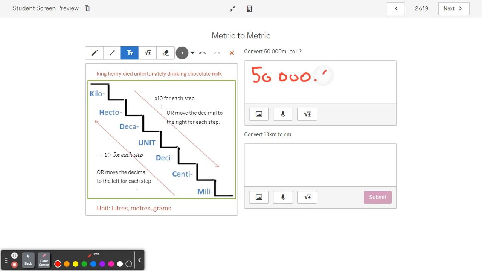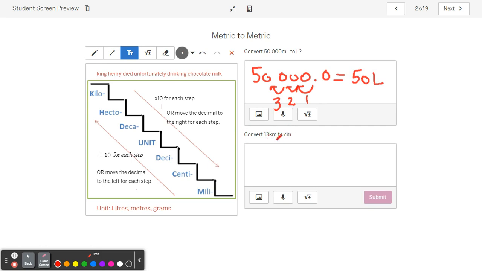I have a decimal afterwards. So milli to liters, I'm taking one step, two steps, three steps. So my decimal is going to move one, move two, and finally move three steps. That means that 50,000 milliliters is equivalent to 50 liters.